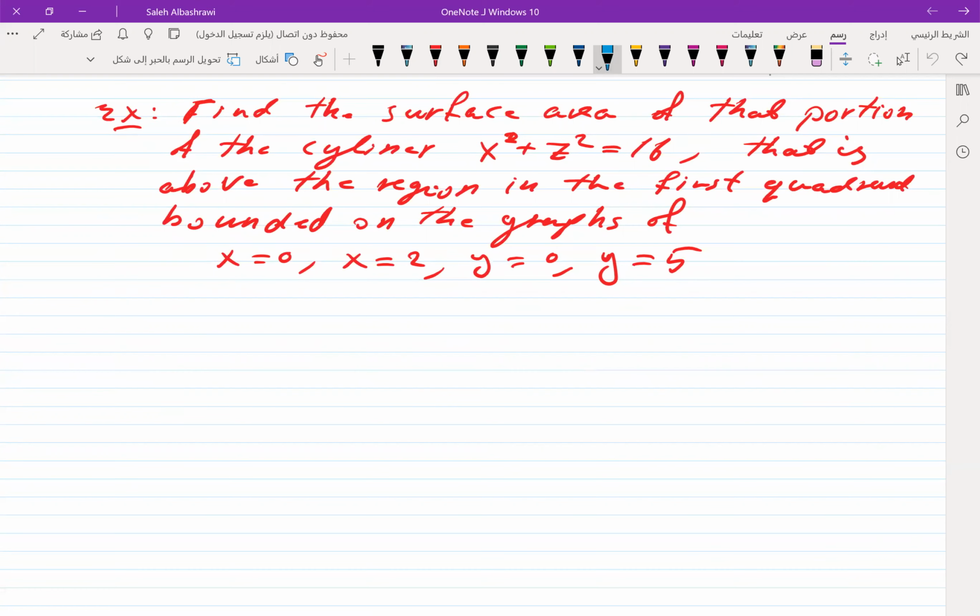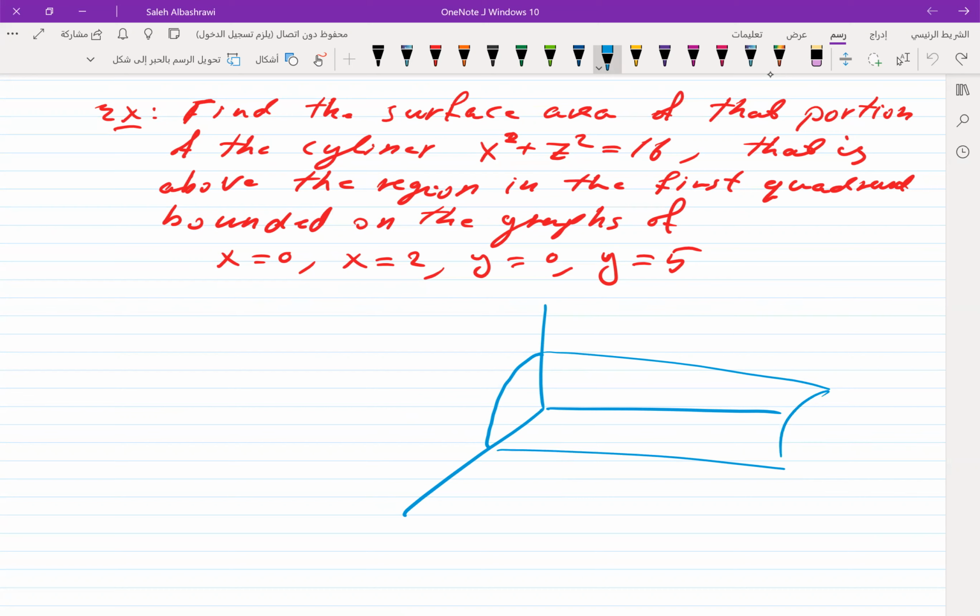So what do we have now? We have a cylinder that is lying horizontally, x squared plus z squared, in the first quadrant, something like this one.